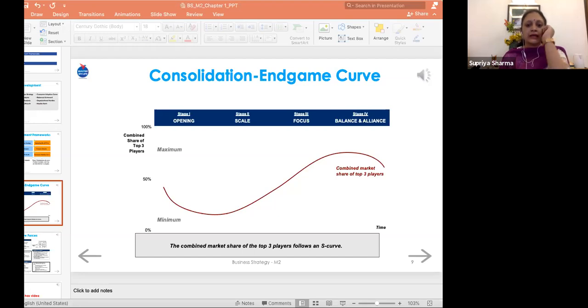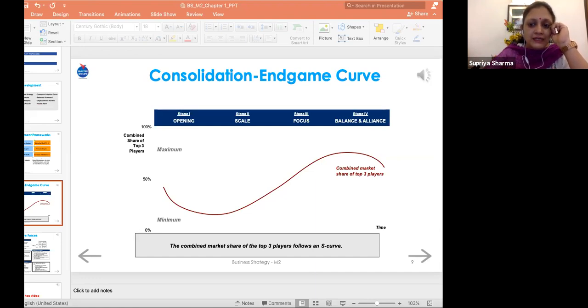After I have built up my scale, I would go to the third stage, which is the focus stage. Here the competition becomes more ferocious. So the consolidation which has happened in stage 2, here in stage 3, companies generally focus on expanding their core business, and they continue to aggressively outgrow the competition, because here you will find that there is all the more competition which is building up.